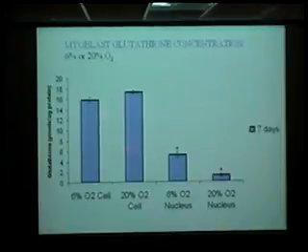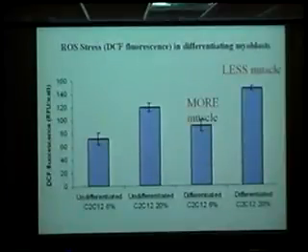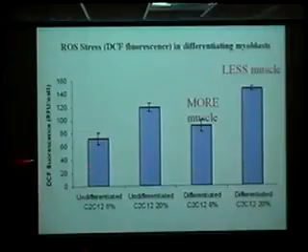So we have more glutathione in the nucleus in low oxygen and less in 20% oxygen. So again, if you look at just gross amounts of reactive oxygen species stress, you're going to get more muscle in the lower reactive oxygen species conditions, in the reduced redox conditions.